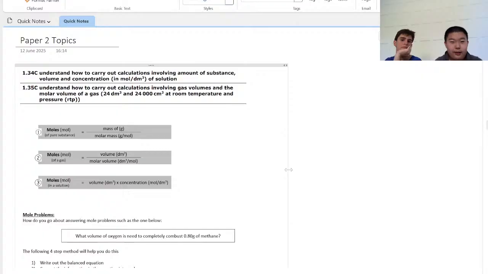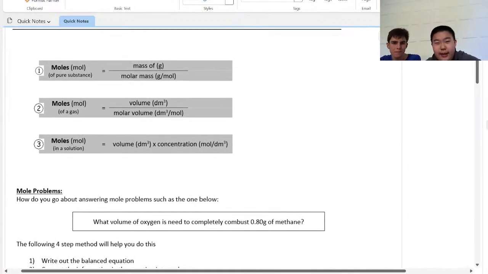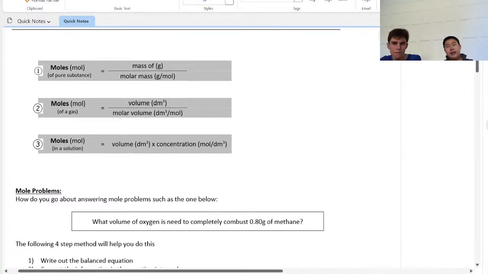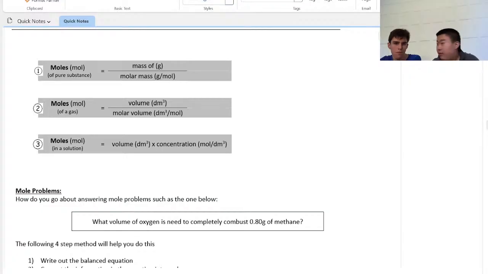Okay, so for moles, there are essentially 3 important equations that you need to know, including the gas one.